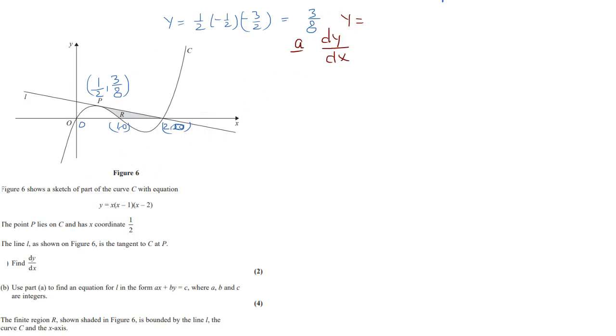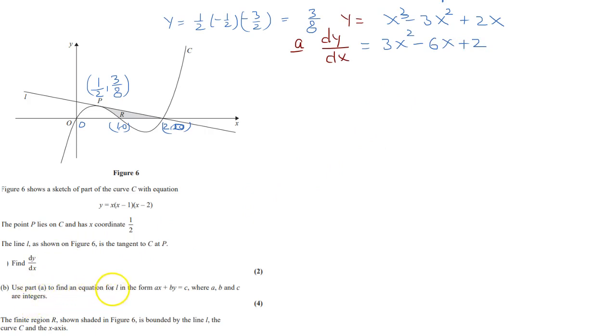So it will be x square minus 2x minus 1x, so minus 3x plus 2, and this all multiplied by x, so this is x cube minus 3x square plus 2x. This is the value of y. So dy over dx will be 3x square minus 6x plus 2.